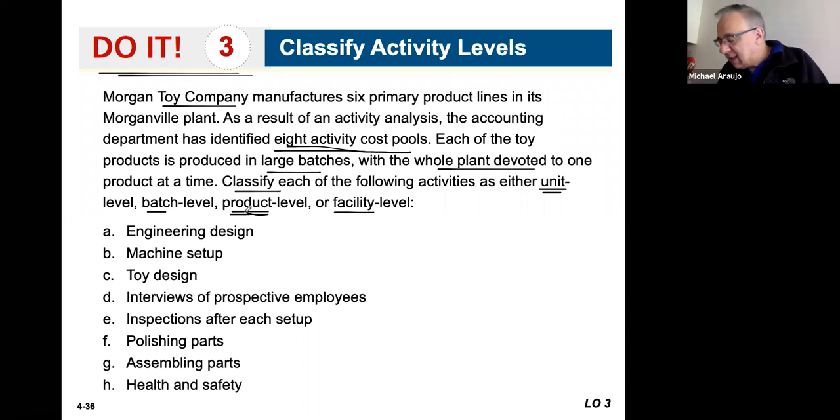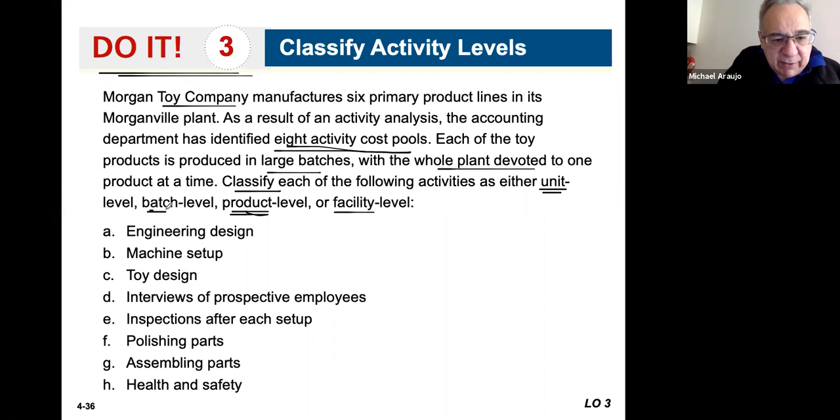The machine setup has to be done every time the product is produced on the assembly line. So that ends up being a batch level activity. Toy design, in this case, designing the toy is part of that creation of the product, and so it's going to be a product level activity.